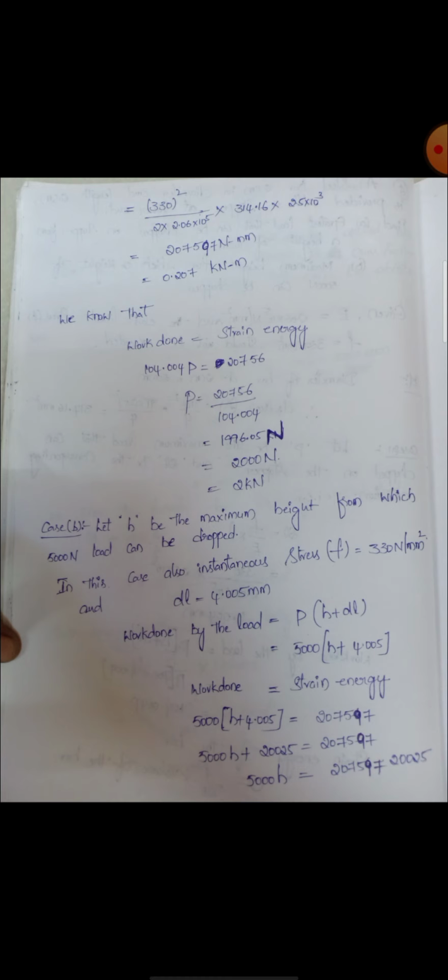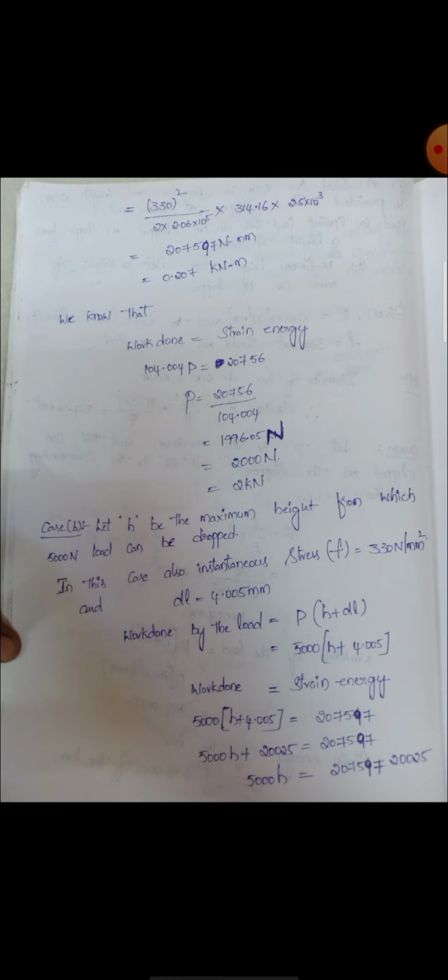Here area equals 314.16 into L, where L is 2.5 into 10 power 3. After calculating, the strain energy value is 207,597 Newton mm, that equals 0.207 kilonewton meter. So that is the strain energy stored in the body.